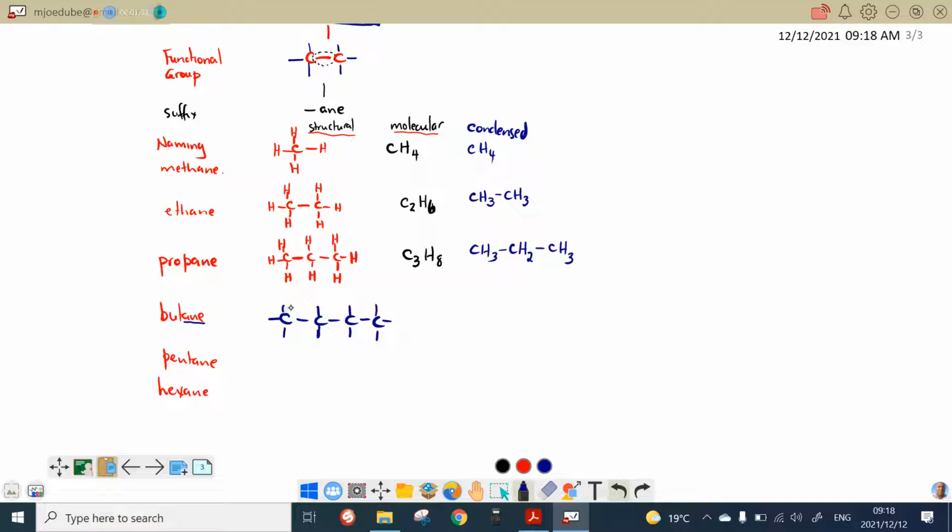Remember, in an alkane, the functional group is a carbon-carbon single bond, so there cannot be any double bonds in the structure. And because you are dealing with hydrocarbons, if you are going to draw the structural formula of butane, you are only going to have carbon and hydrogen atoms only, nothing else.